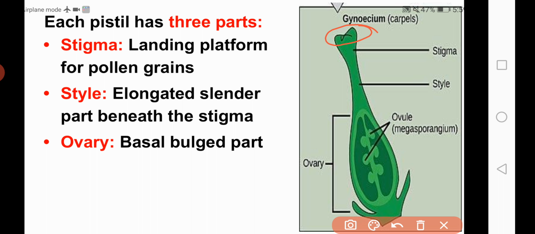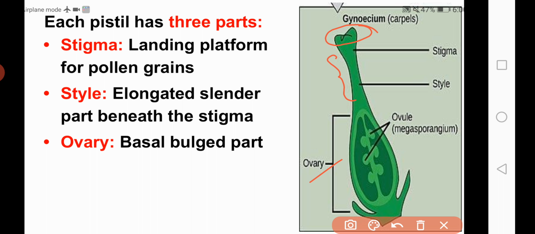Okay, now next to the stigma, the elongated portion is called as the style. So style is the elongated slender part beneath the stigma, and the basal swollen portion is called as the ovary.